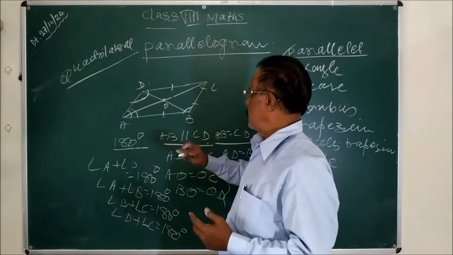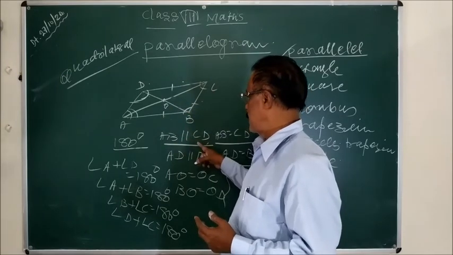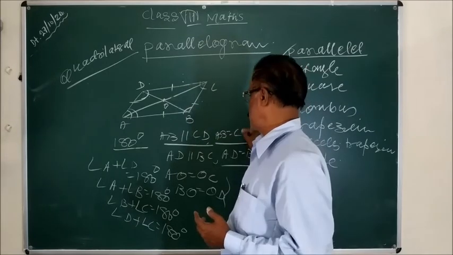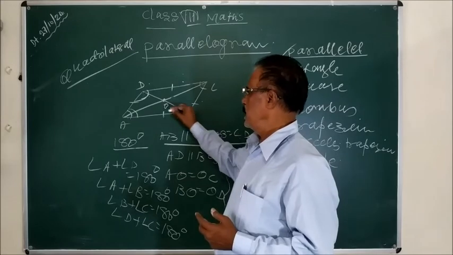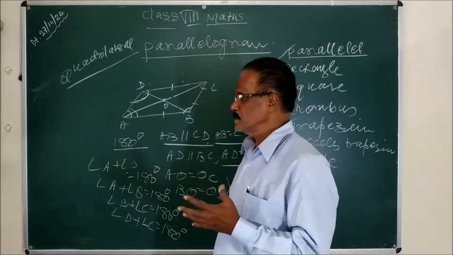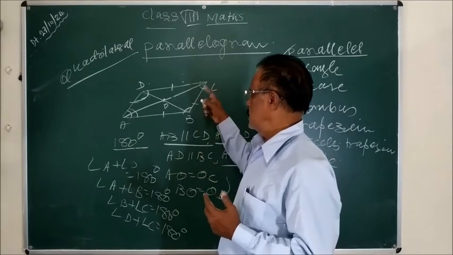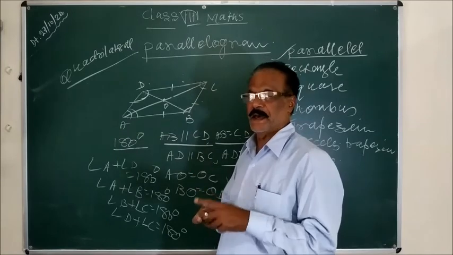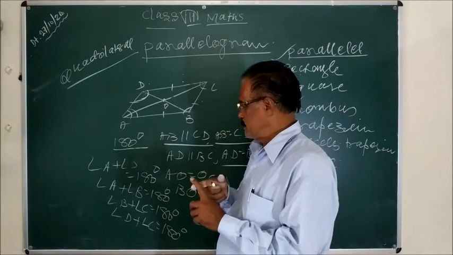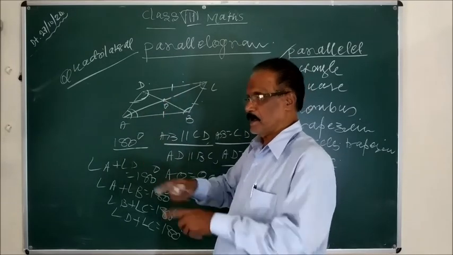So properties of a parallelogram: number 1, opposite pairs of sides are parallel. Number 2, opposite pairs of sides are equal. Number 3, opposite angles are also equal. And number 4, the diagonals bisect each other, meaning one diagonal bisects the other.